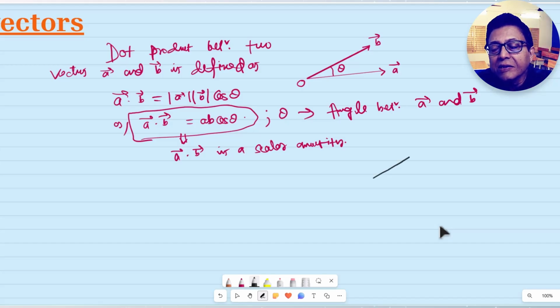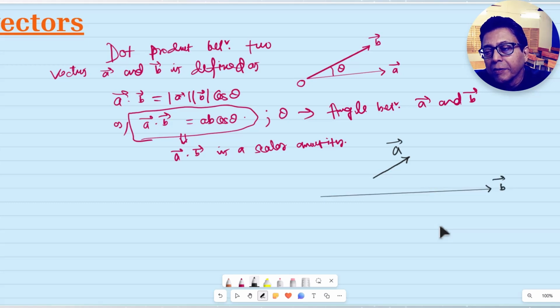This is say vector A. This one is the vector B. Maybe situated in plane or space, wherever. When you are taking dot product between two vectors, you need to know the angle. You need to know this angle theta.